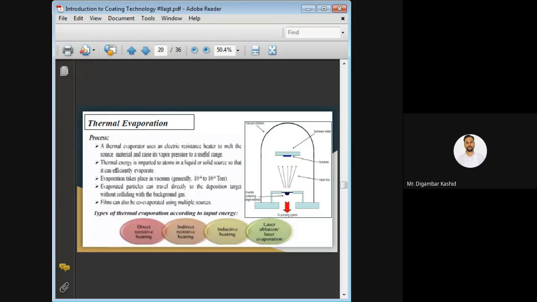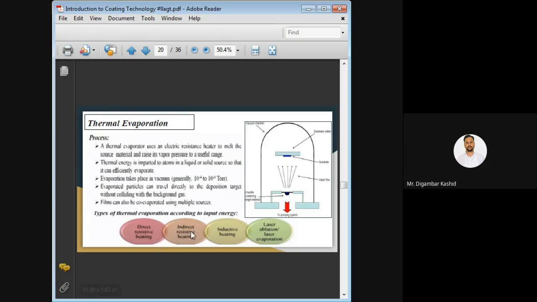Now from this we can see that there are several thermal depositions, according to the input energy which we are using.